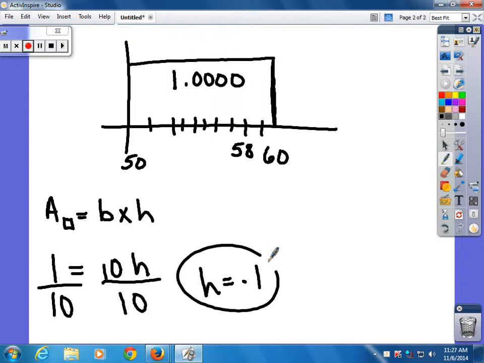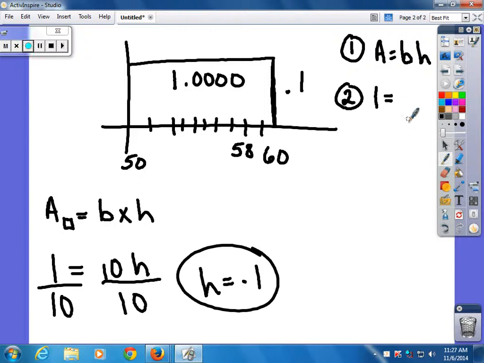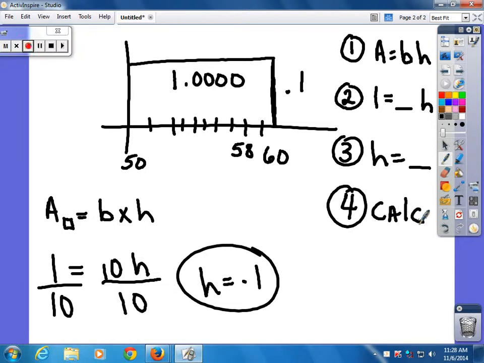So what's the height? 0.1. So the first thing to do when you're doing a uniform distribution is remember that area is equal to base times height. Plug in the area and then plug in the base, whatever the base is. Solve for h. And then calculate according to what they give you.